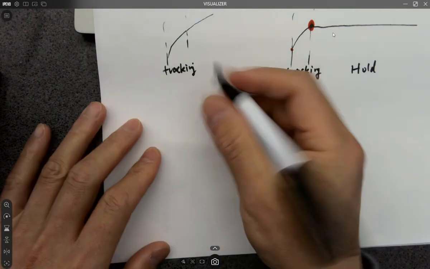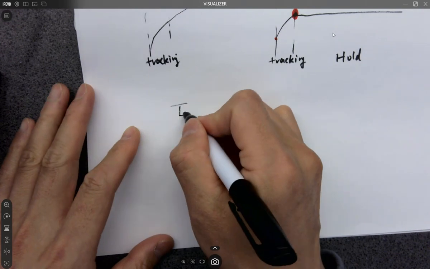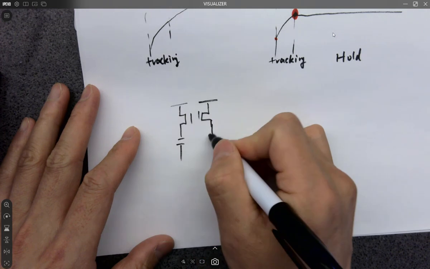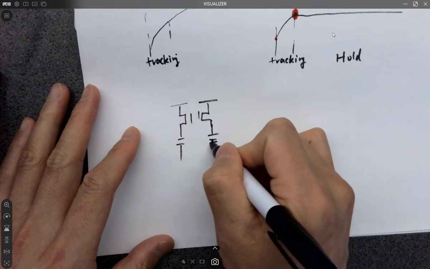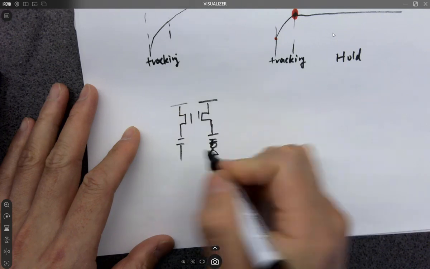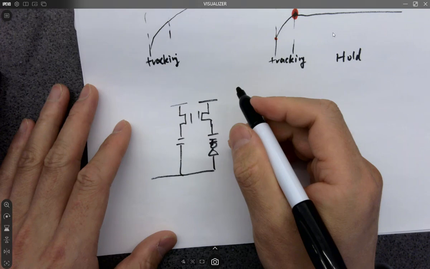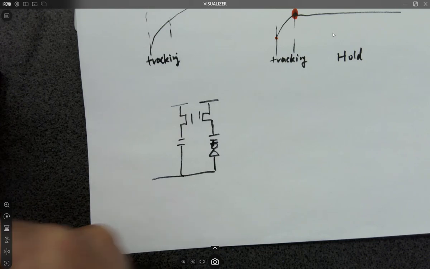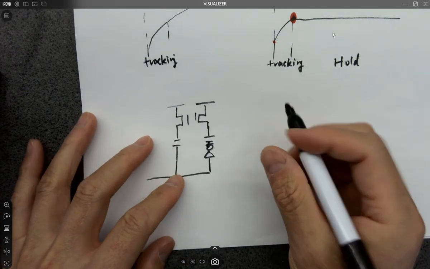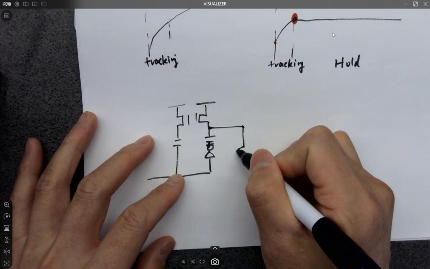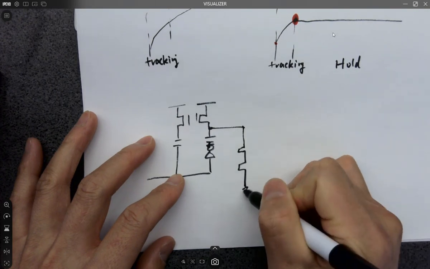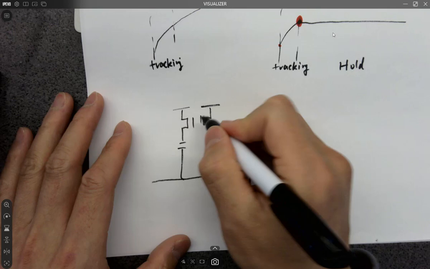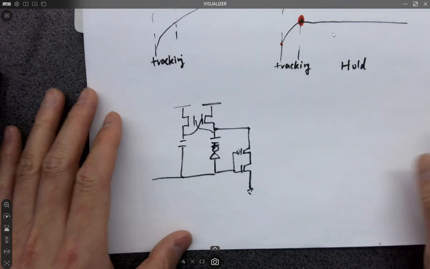So last time we talked about a circuit that looks like this. Okay, VDD.